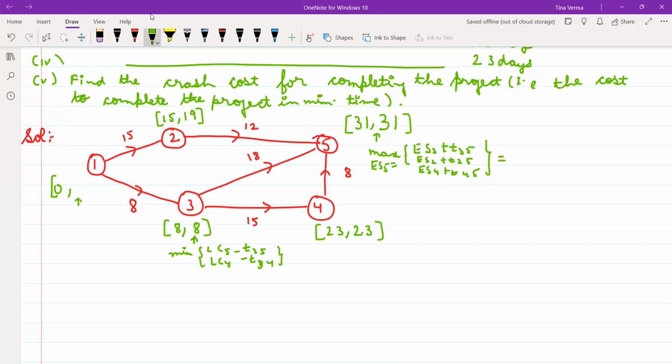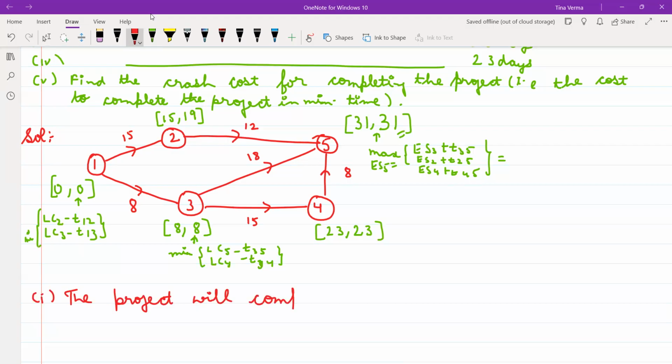First activity is coming from 2 minus LC 1 2. This will be LC3 minus T13 and you have to take the minimum, which is coming out to be your 0. That we have already done in the last example. So that means the first part is the project will complete.